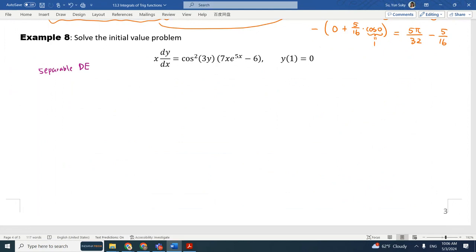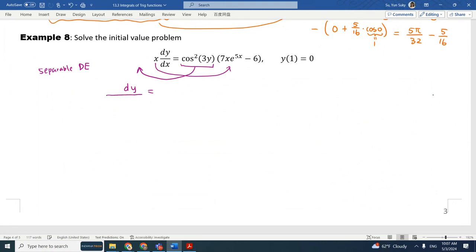Since it's separable, we want to move all the x to the right and all the y to the left. Do you see this? This is x, so we move it to the right. By move, we mean multiply or divide on both sides. Here we have cosine squared of 3y. It has the y, so we should move it to the left. By move, we mean divide, because on the right-hand side it is multiplication.